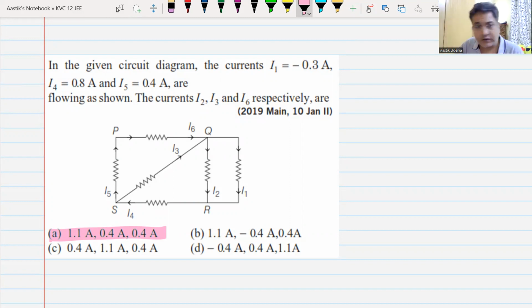Okay. Let us move ahead and do one last question from the previous year so that we cover all types of questions that have come up till now. There are some more questions left which we will do after we are done with this chapter. Here, this one.